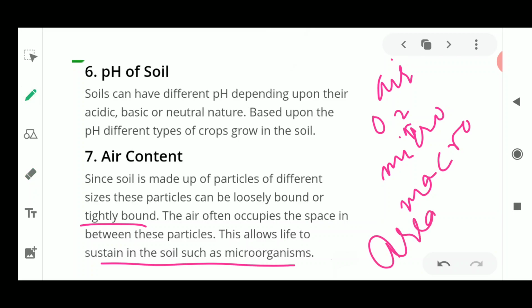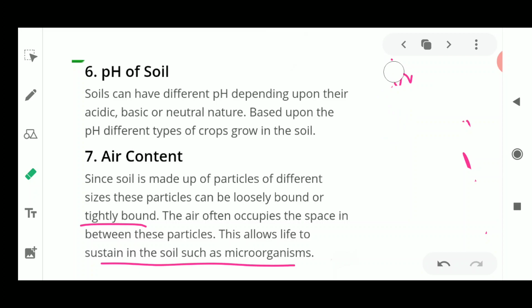It also helps the crops to grow properly, because they require oxygen and they also require carbon dioxide. Again, all these things come from the air which is trapped between these particles.